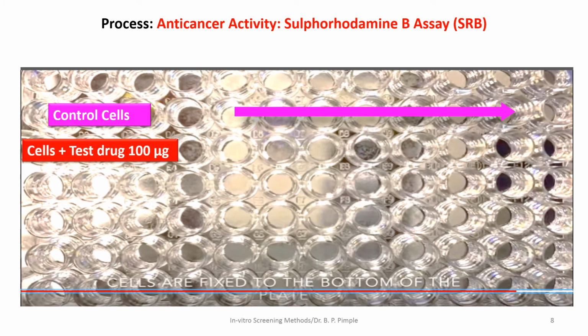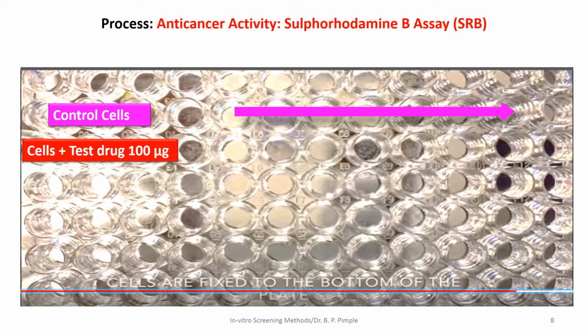Next, our test tube containing a test drug. Test, in the sense that if you have synthesized or extracted a new drug and you want to test its anti-cancer or cytotoxic potential, you will use it in different concentrations.